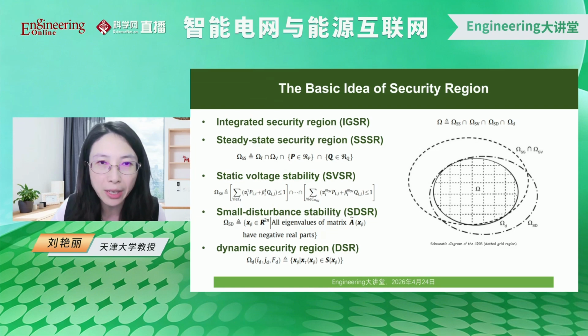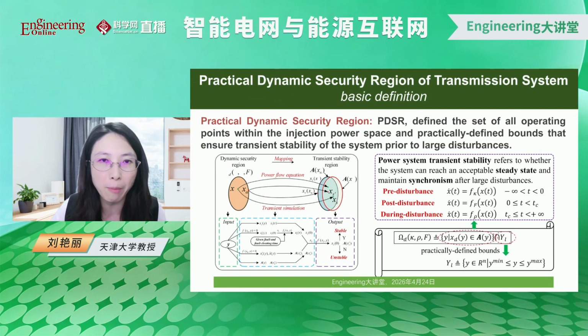And this work is more focused on the practical dynamic security region of the transmission system. Before we introduce the specific work, we should know what is practical dynamic security region.